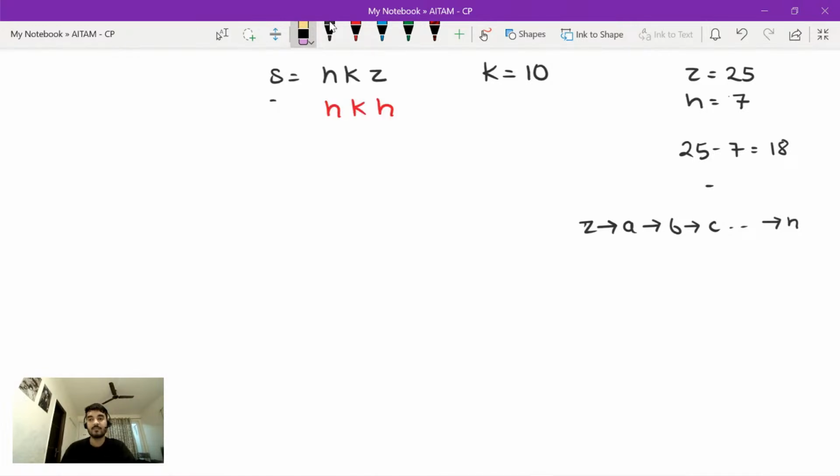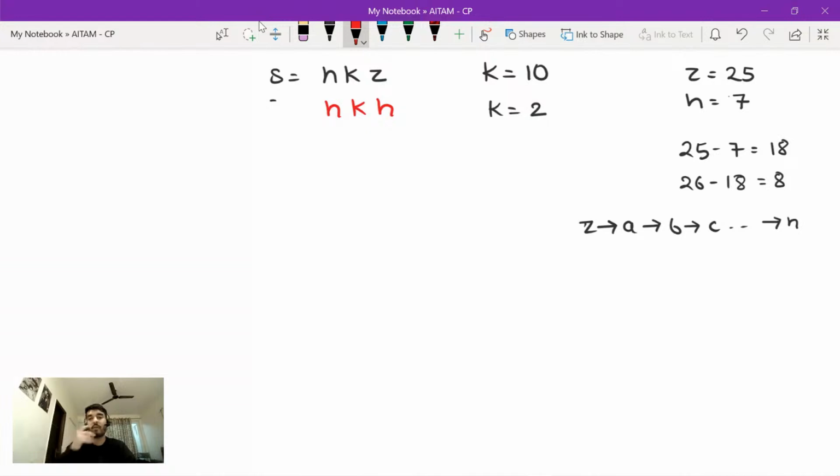So 26 minus 18, which is equal to 8. Cool. And now I'm left with two operations.